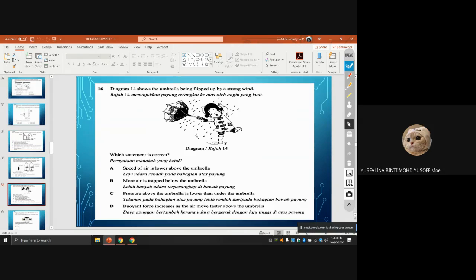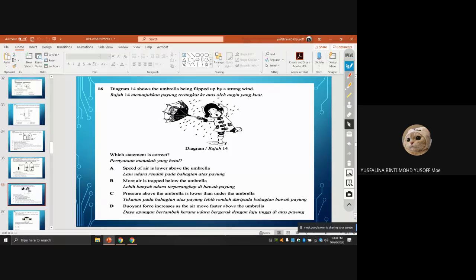Alright, for number 16, diagram 14 shows the umbrella being flipped up by a strong wind. Which statement is correct? A, the speed of air is lower below the umbrella. So the answer is A? And the speed of air is lower above the umbrella. Wait, no. Speed of air lower above the umbrella means the pressure is high, right?